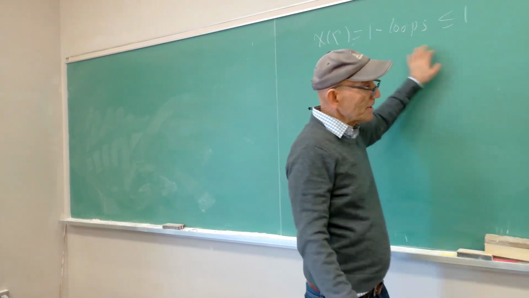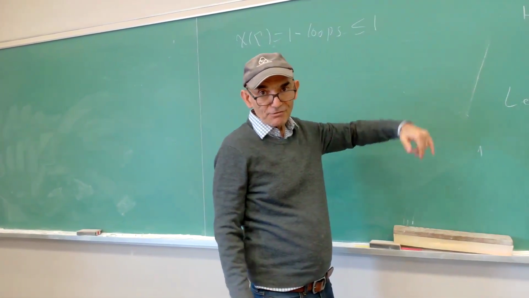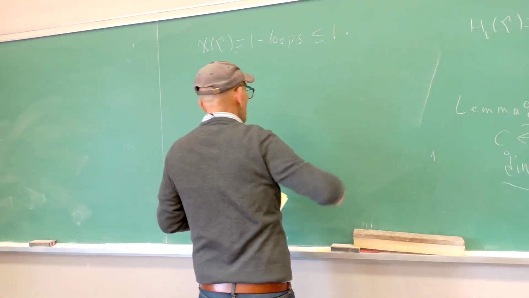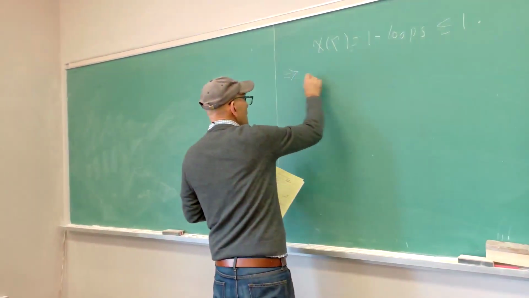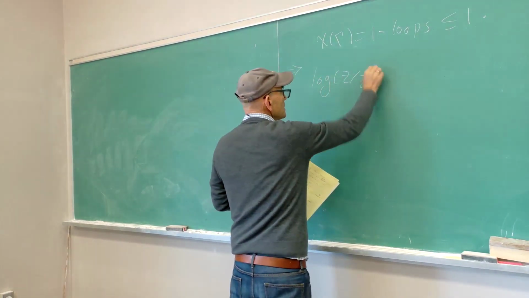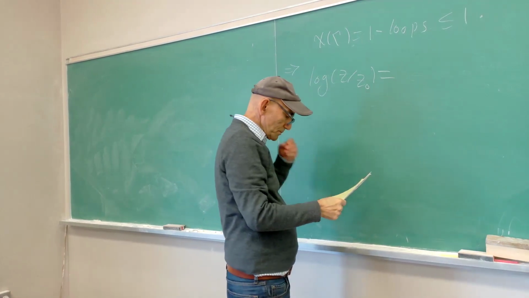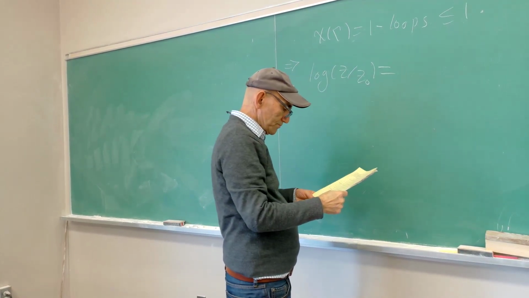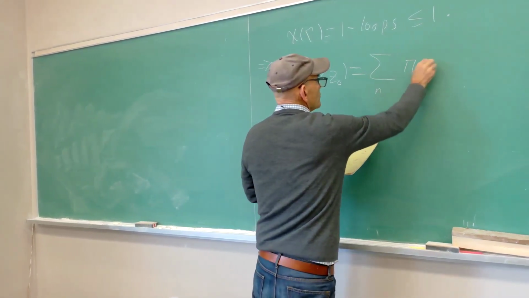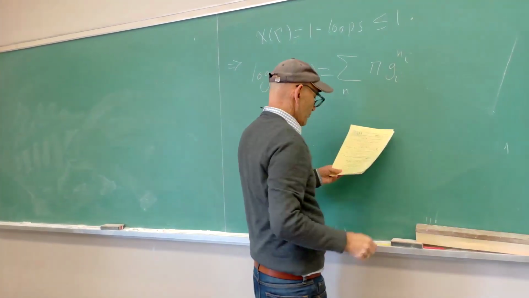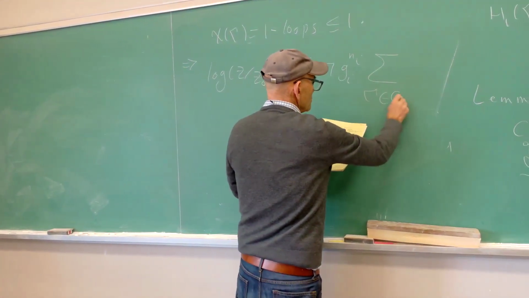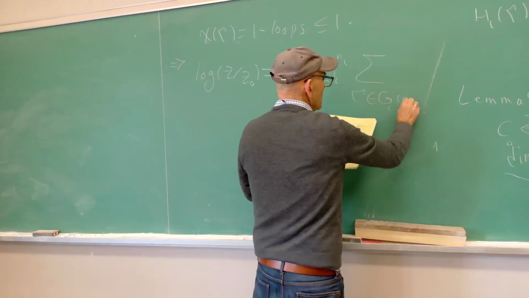So that's what it is. Using this, we can write log of z over z0 in a different form. This is what I wanted to get from this simple discussion. So then it follows that log of z over z0 is equal to the sum over n of the product of gi and I as before, and then we have some gamma belonging to G, CL.